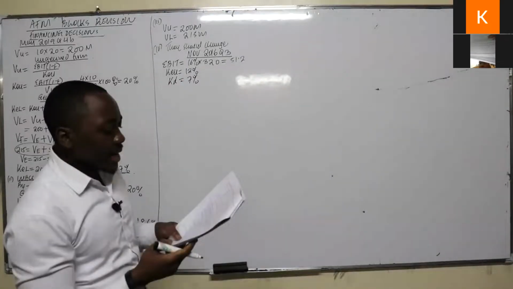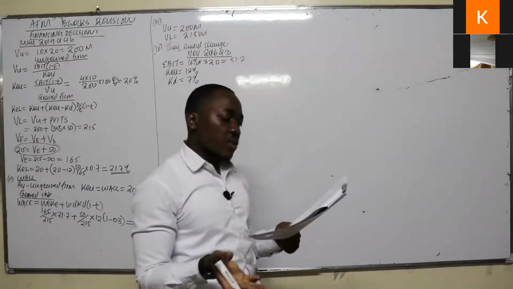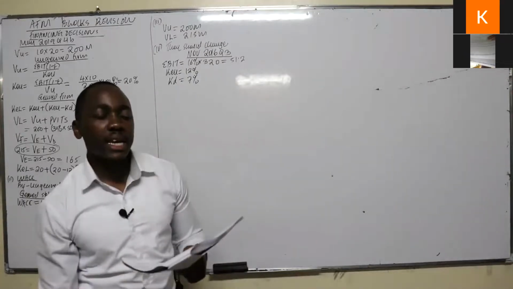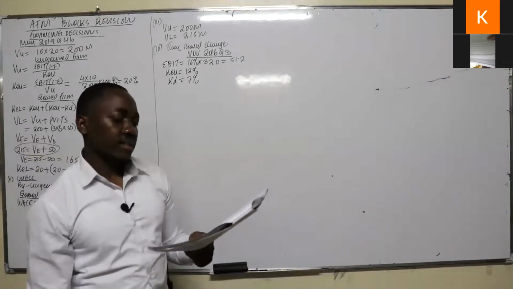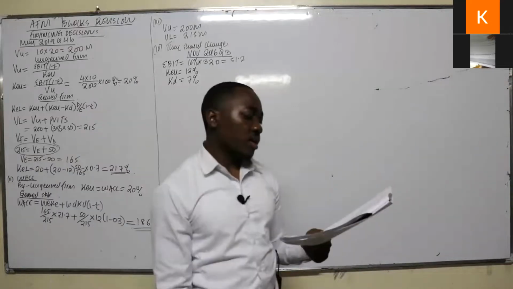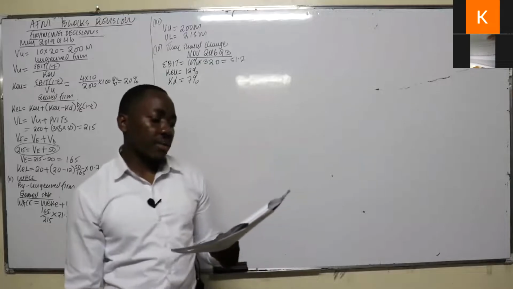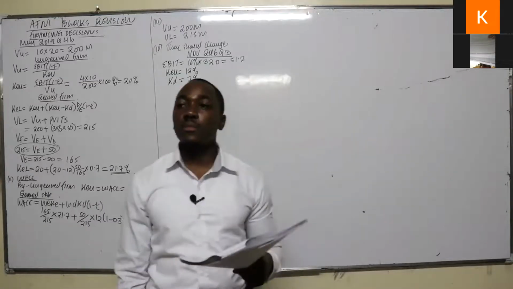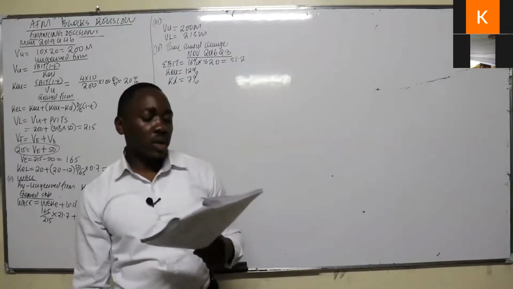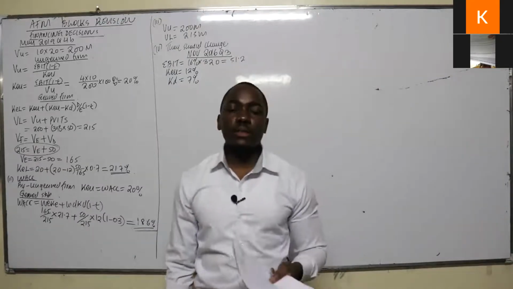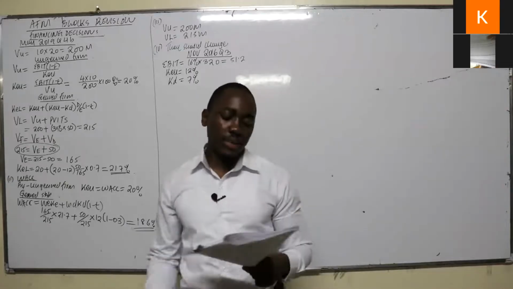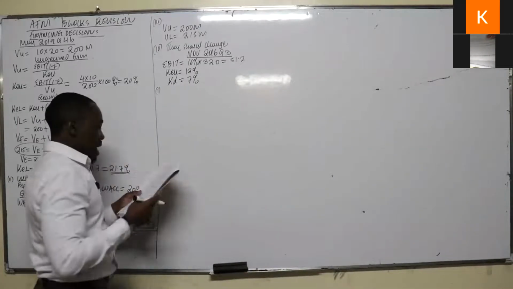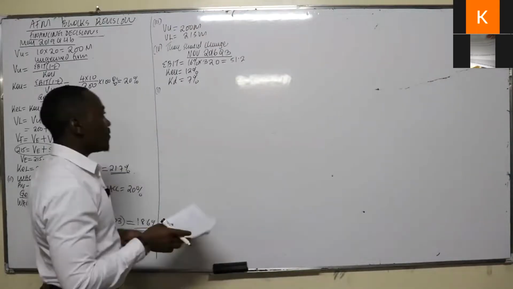The management is in the process of deciding how to raise the required 10 million debt finance. Assume that the Modigliani and Miller assumptions apply. Required, without taxes, determine number 1: the current value of the ungeared firm.